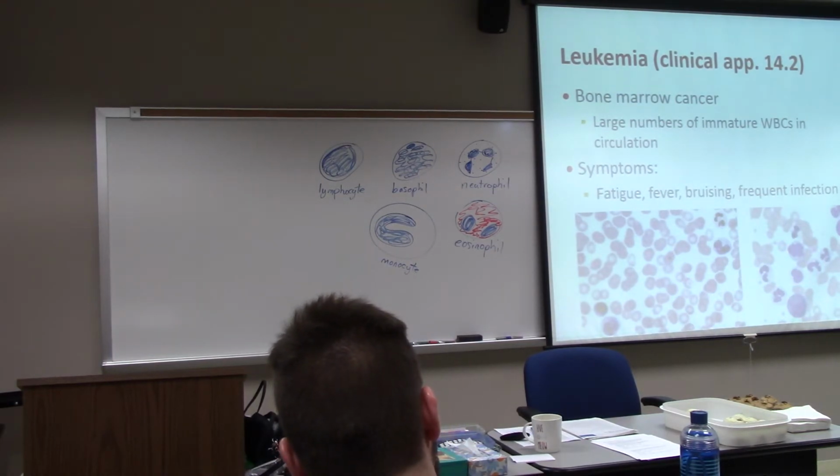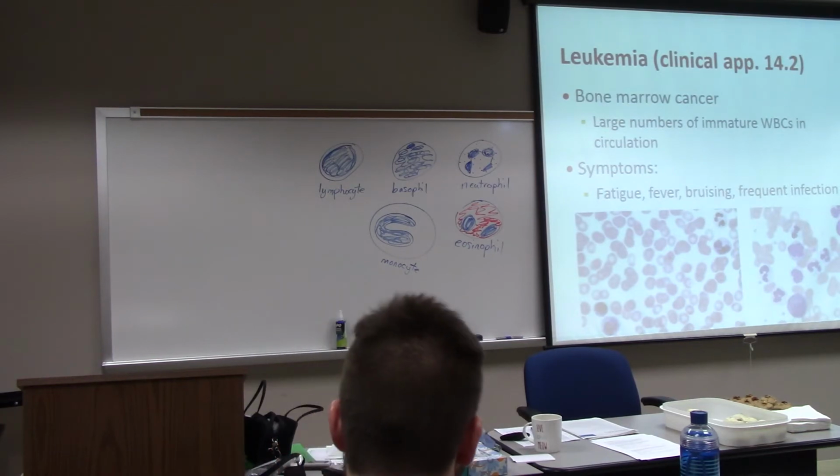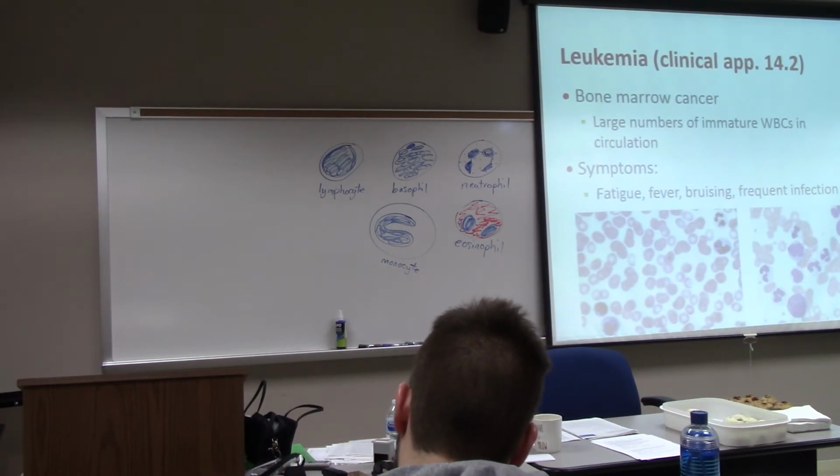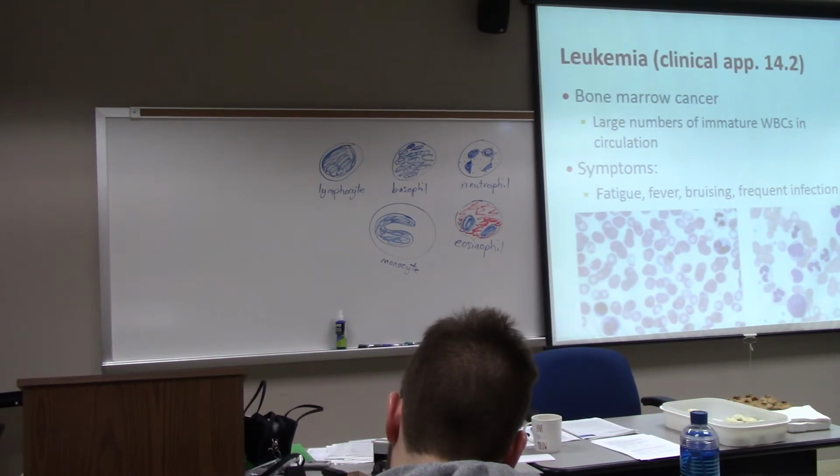Here in leukemia, there's a lot more of them. Most of these, you can kind of identify a cell type. There's a lot of neutrophils, a couple of lymphocytes, but there's not as much granule in here. These are kind of irregular, so they're not as functional and they take up space in the blood.